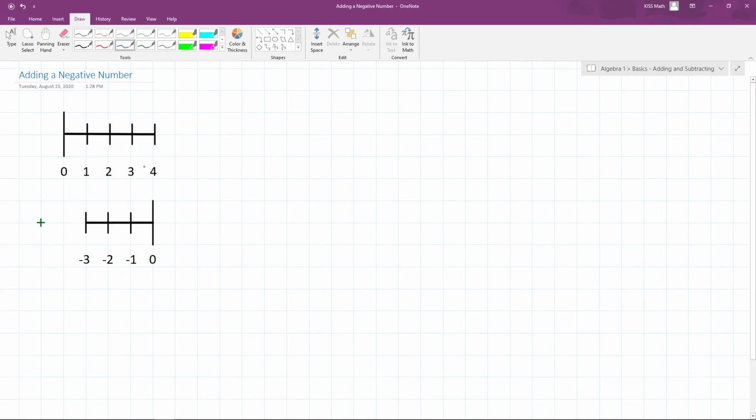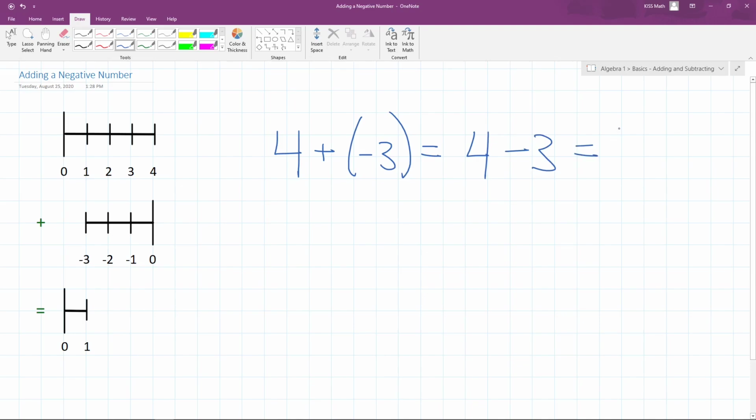And if we go backwards 3 units, we end up at 1. So the rule for adding a negative number is that it becomes the same as just subtracting that number. So our 4 plus a negative 3 is the same as 4 minus 3, which equals 1.